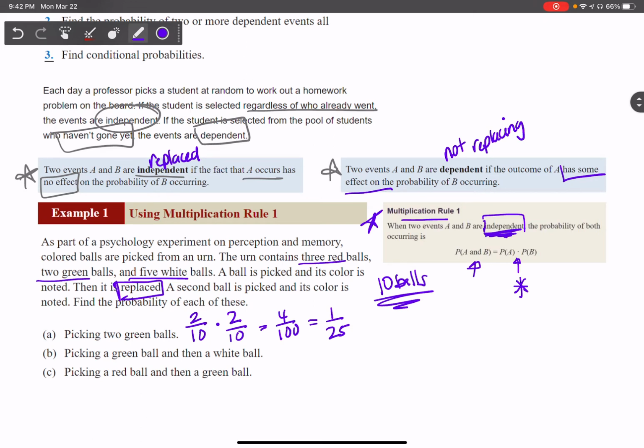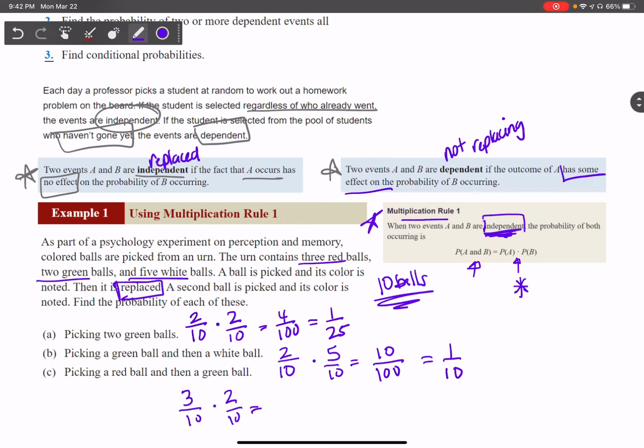Once again, picking a green ball and then a white ball. Green balls still have 2 out of 10. White balls, I have 5 out of 10. So this gives me 10 out of 100, which reduces down to 1/10. Last but not least, I have a red ball, which is 3 red balls, and then I have green balls, which is 2 green balls.